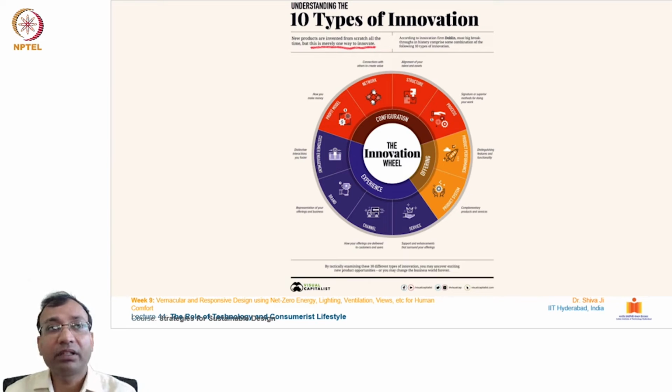In this table, the elaboration over here is about understanding the 10 types of innovation. Those are divided into three major components: configuration based, offering based, and experience based. In configuration, you see profit model, networking, structure, process.